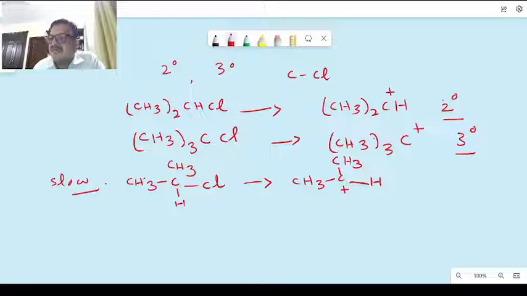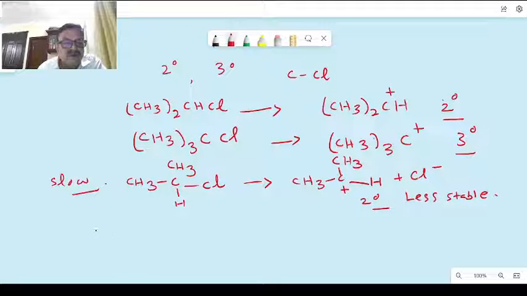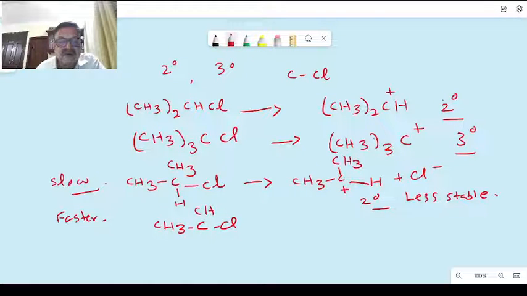This is a secondary carbocation. It's a less stable one compared to the tertiary one. So now the reaction is slow here. Now in the second one, the reaction will be faster because it depends upon the stability of the carbocation being formed there. We have seen that now.